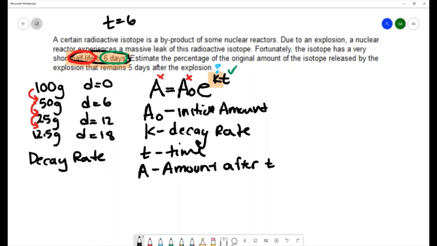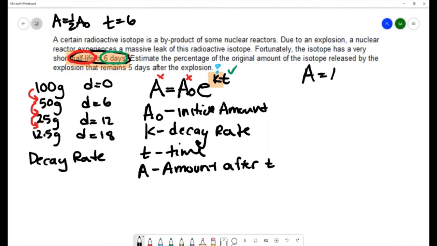So what we know is that A will be 1/2 of A naught. So even though we don't know actual numbers, we're still going to be able to solve for that value of K.